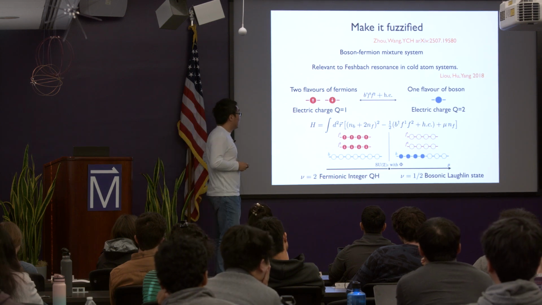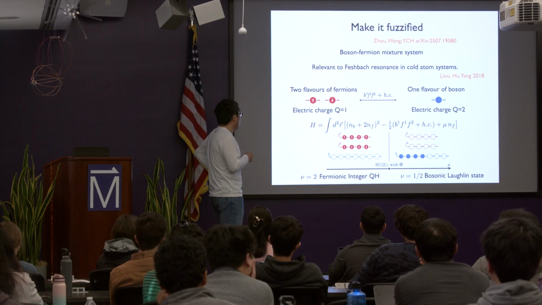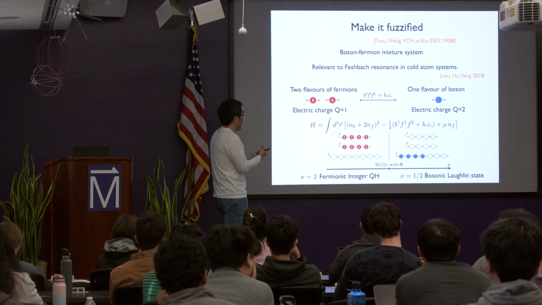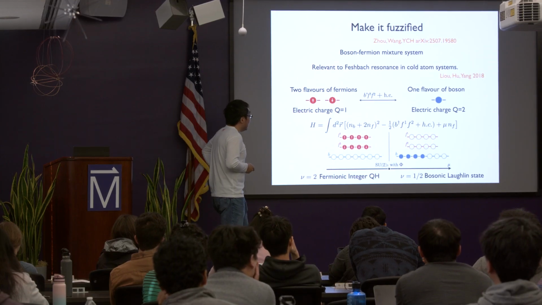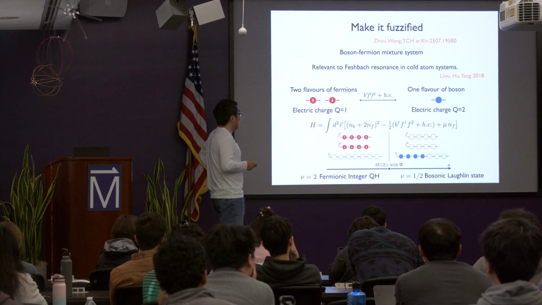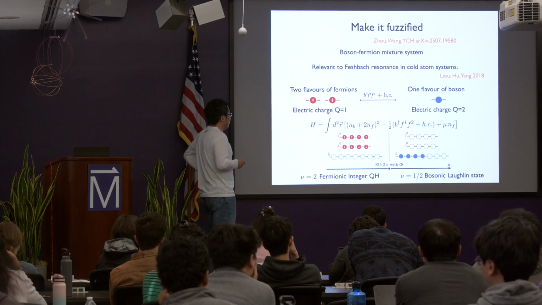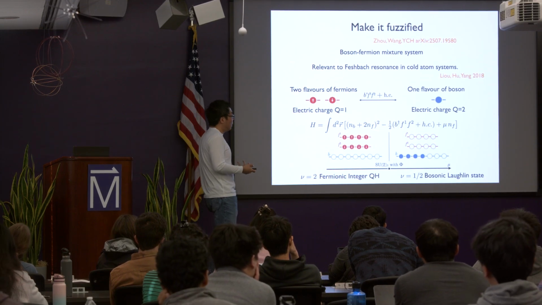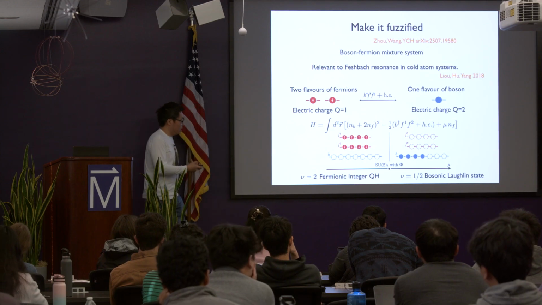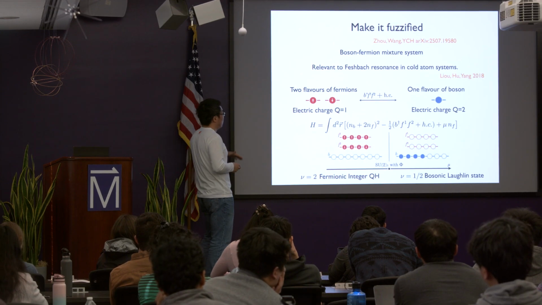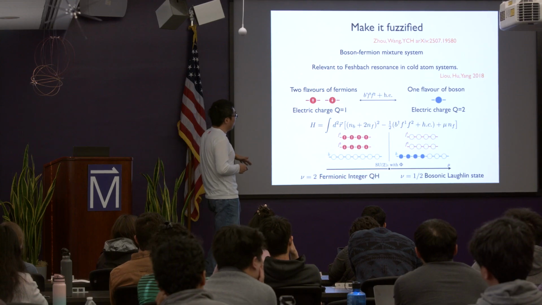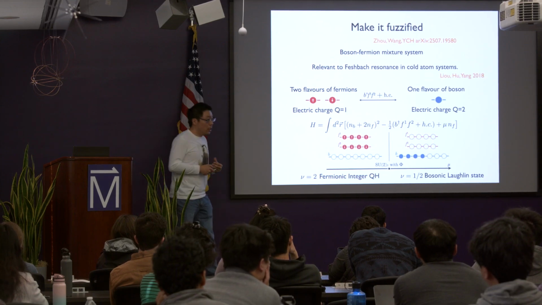And here, with these two flavors of fermions, naturally you can get an SO(3) or SU(2) symmetry out of it. So this is the Hamiltonian. The first term is the total density squared, which also appears in the Ising CFTs we discussed in the last lecture. Physically, you can think of it as a term that helps suppress the charge fluctuations.